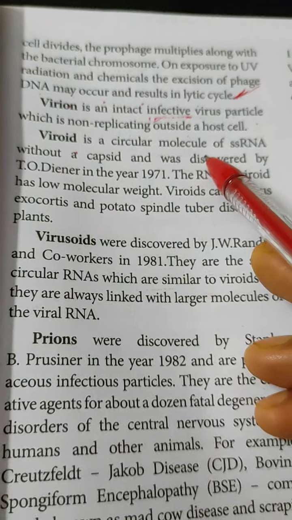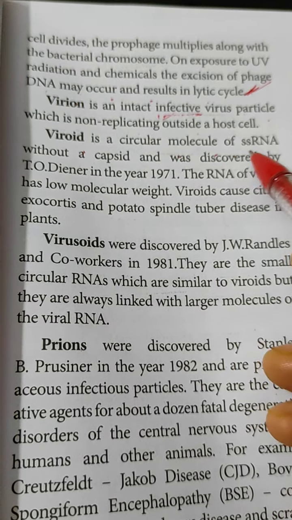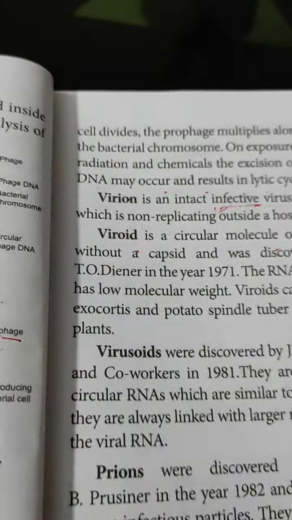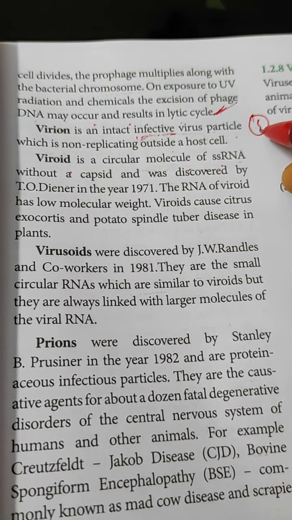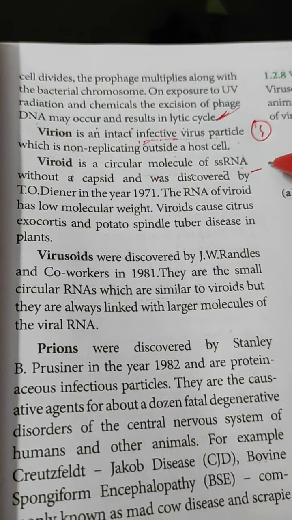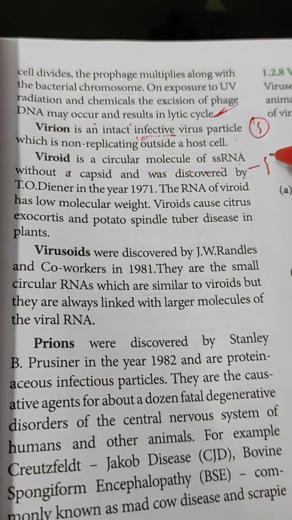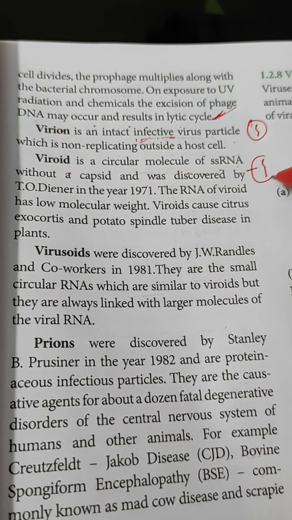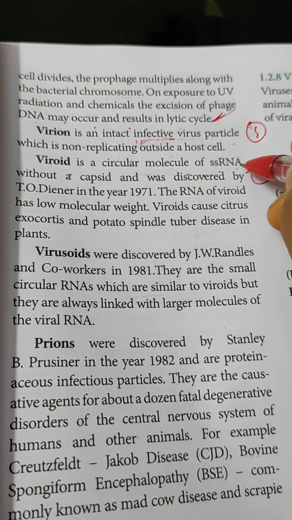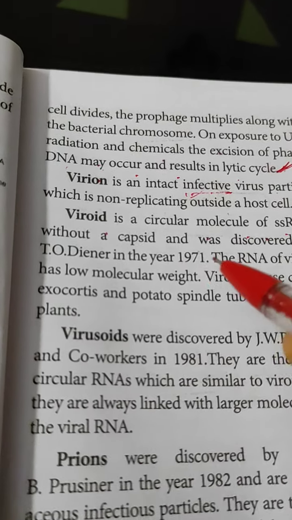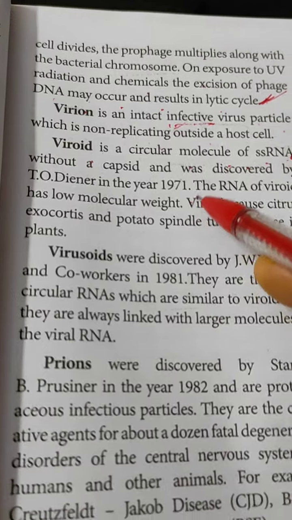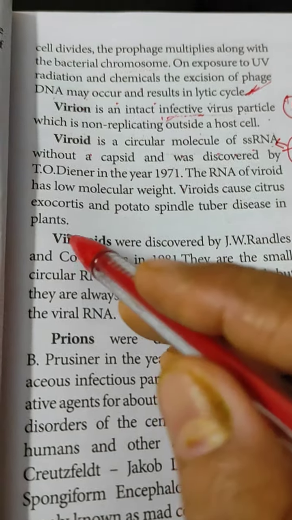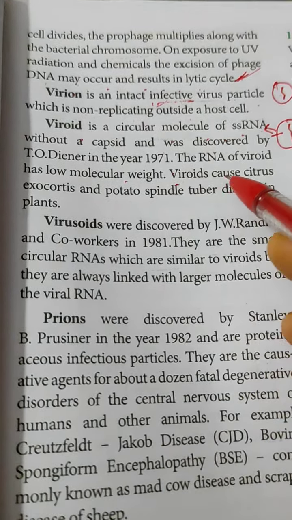Viroid: a circular molecule of single-stranded RNA without a capsid. A virus particle has a capsid layer and nucleic acid, but a viroid has only single-stranded nucleic acid. There is no capsid layer. It was discovered by Theodor Diener in the year 1971. The RNA of a viroid has low molecular weight.